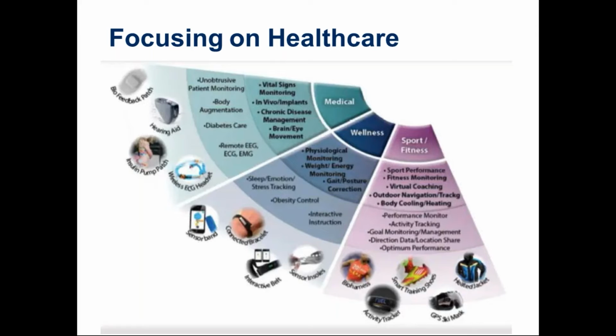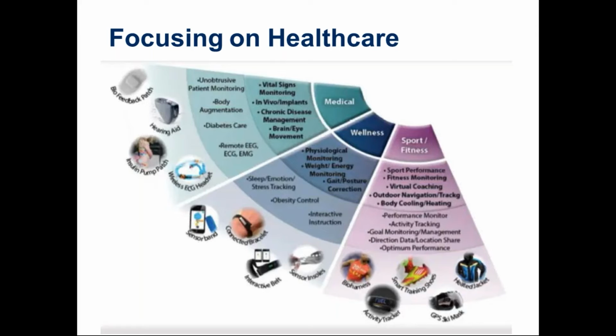So how do we track? We can track sleep. At the moment in the market, we have lots of products, which I shall be telling in detail about, that are available. So in the market, there are products available which are able to track sleep, emotion, stress, etc. It is able to control obesity.